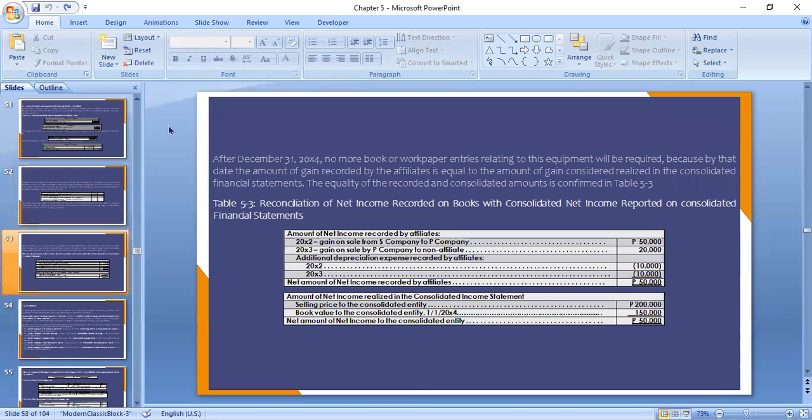Now, after December 31, 2024, no more book value or paper entries relating to this equipment will be required, because by that date, the amount of gain recorded by the affiliates is equal to the amount of gain considered realized.